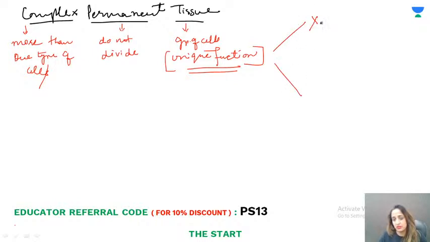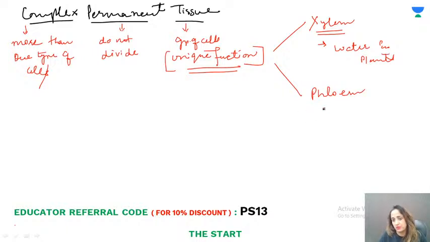And these two categories are xylem and phloem, right? Xylem's function is transportation of water in plants.